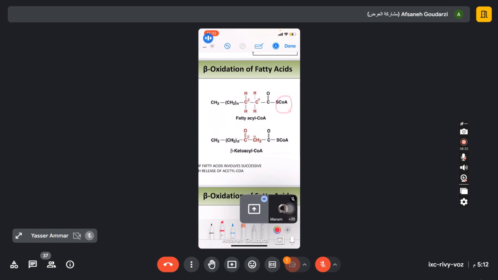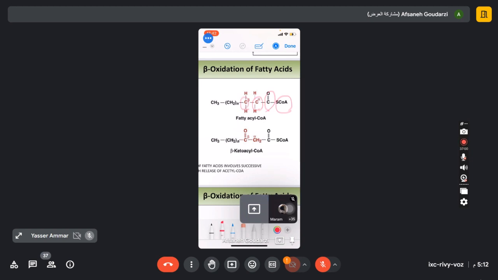If this part had COOH, we would call it fatty acid, but now I call it fatty acyl-CoA because one coenzyme A is bound to the fatty acid. The carbon which is the neighbor of this carbon in the fatty acid, we call it alpha. This one we call beta.